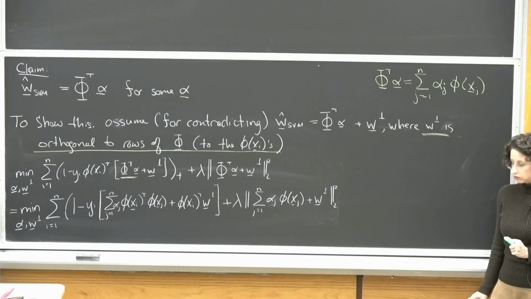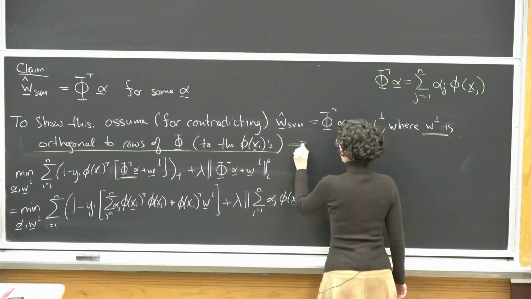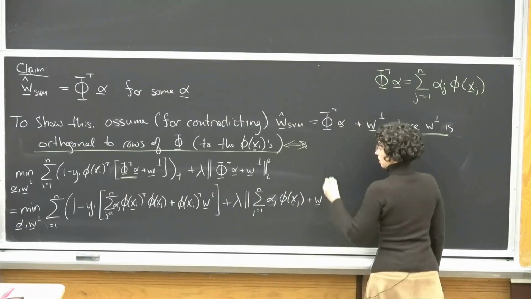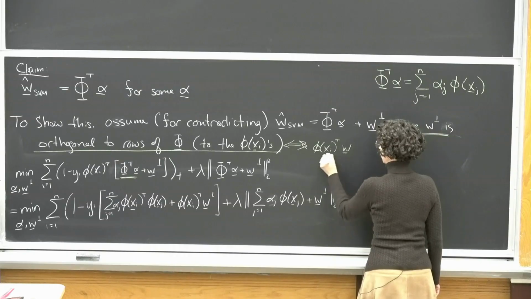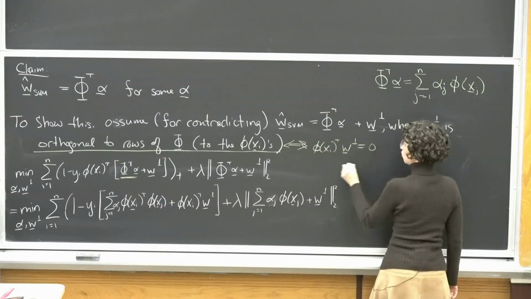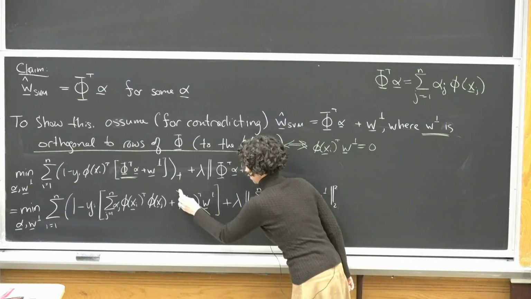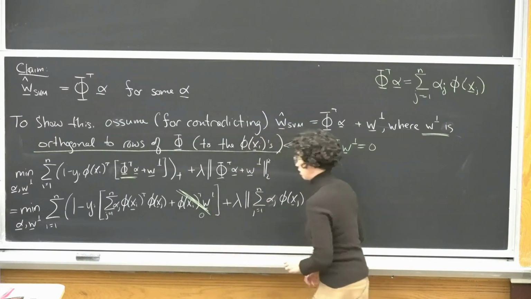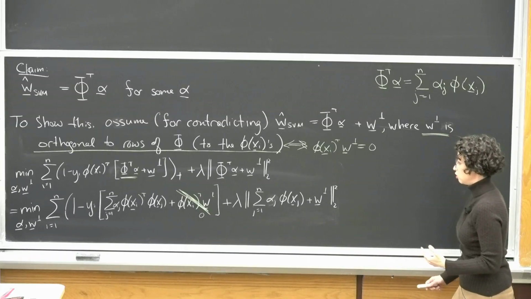Yeah, phi of xi transpose w perp. Exactly right. Another way of writing this orthogonality is that phi of xi transpose w perp has to be equal to 0. And so in this expression here, this term has to be equal to 0.